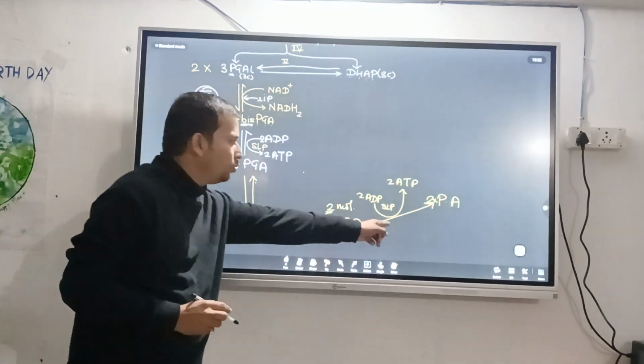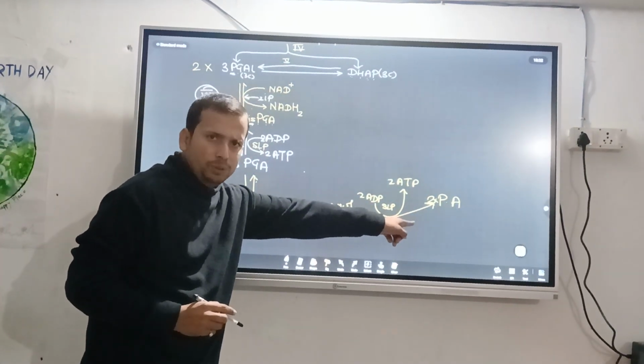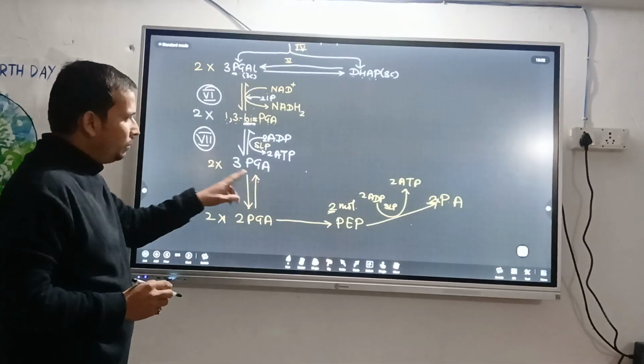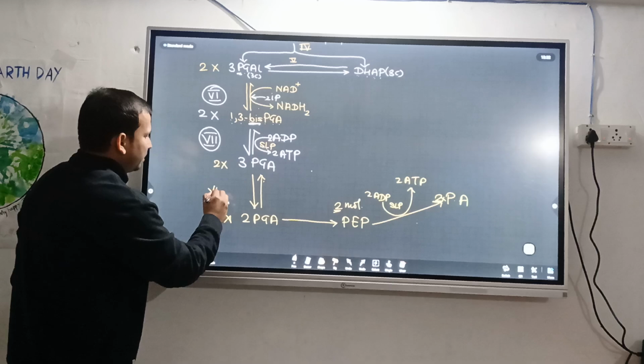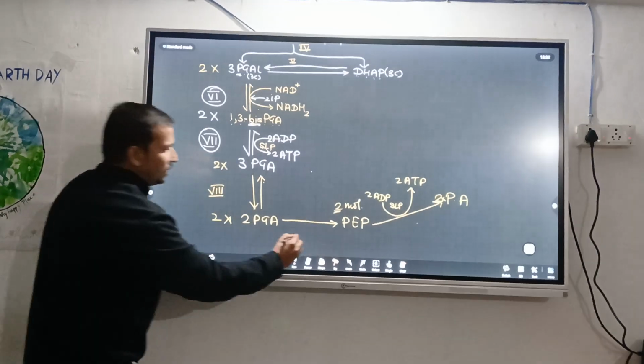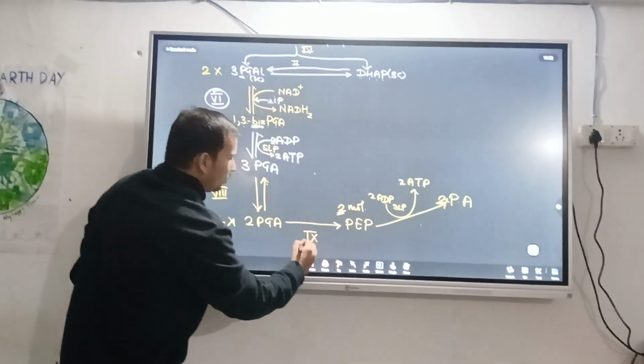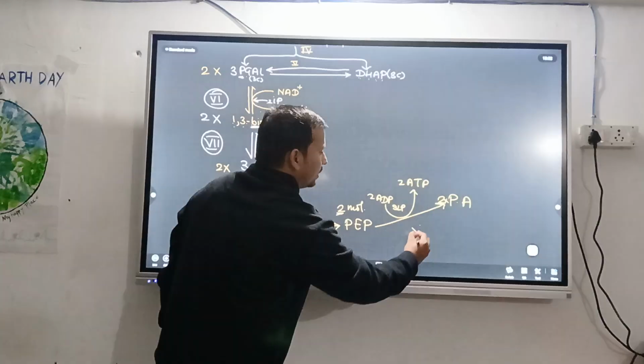Understanding? And pyruvate kinase is the enzyme used here. Okay, let me summarize. How many steps here total? 7. Now this is the 8th step, this is the 9th step, and this is the 10th step.